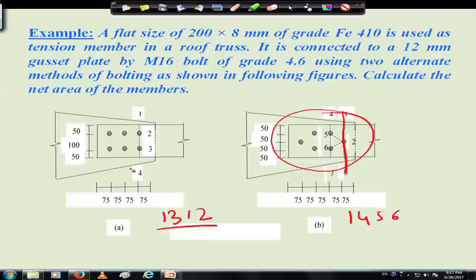So, for plain bolting, 6 number of bolts is given here, here also we have given 6 number of bolts, but we are getting less strength in case of plain bolting compared to the zigzag bolting. That means we should go for zigzag bolting as much as possible. The efficiency of the bolting connection will be more in case of zigzag bolting compared to chain bolting, right.